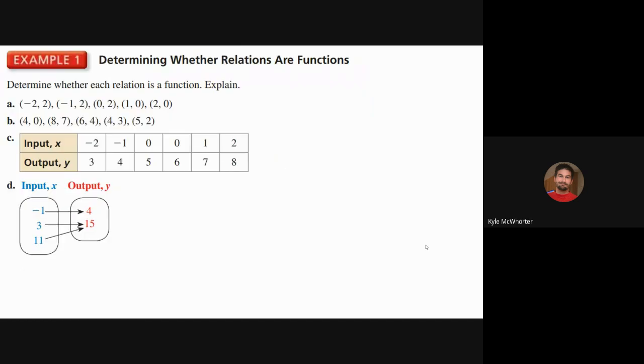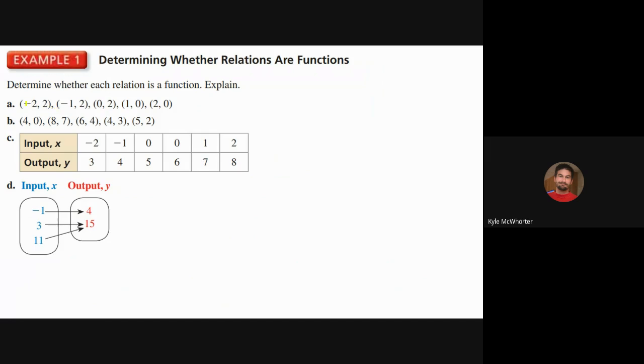So first, let's take a look at this problem and try to figure out which of these are functions and which are not. Here, they're listed as ordered pairs, right? And so we need to look at the inputs and the outputs. As long as we don't have one input going to two different outputs, then it's a function.